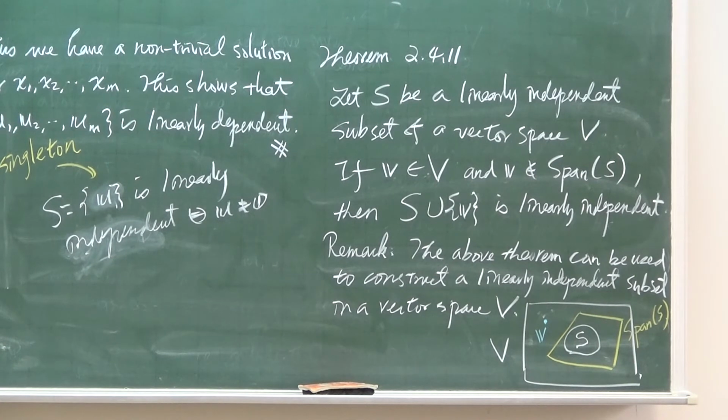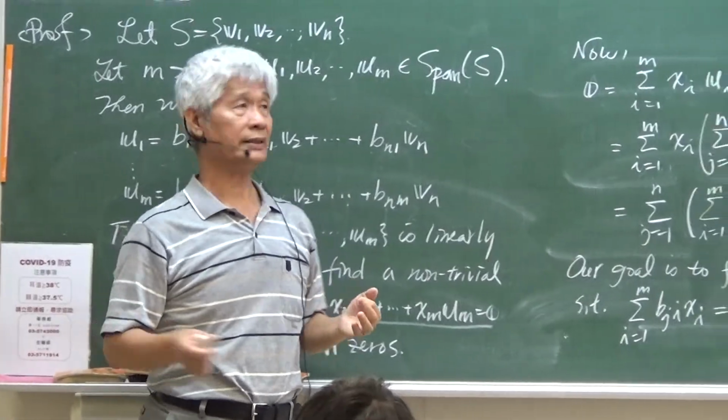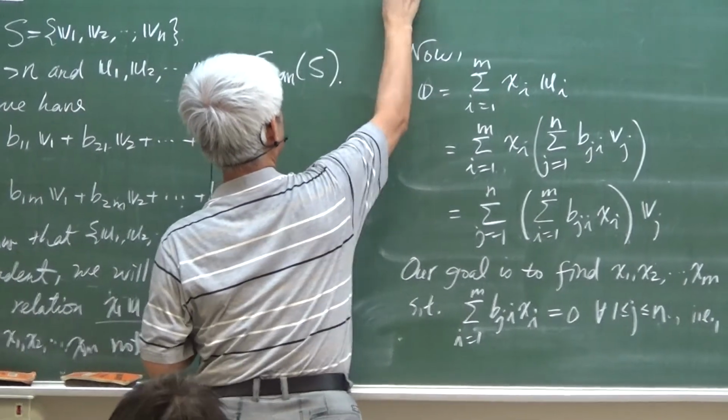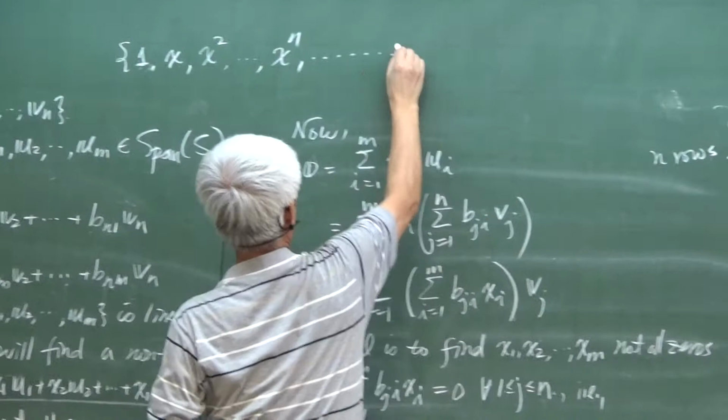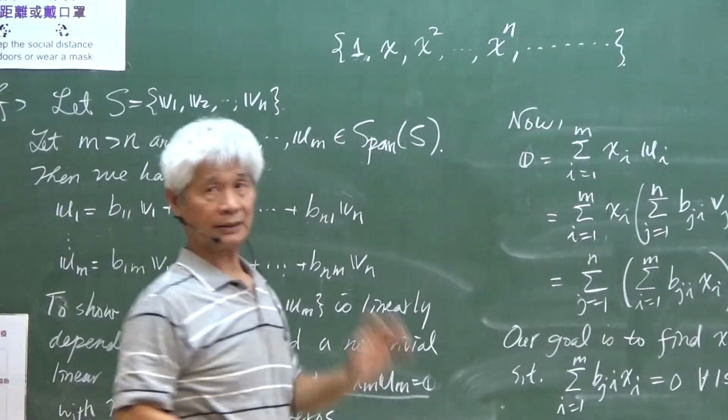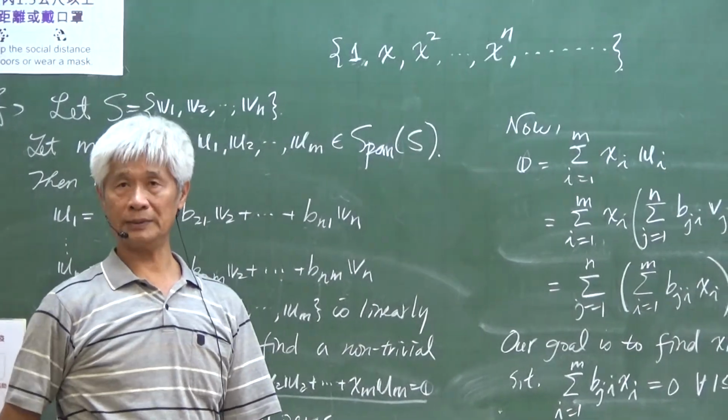The span of 1 and x is the polynomials of degree less than or equal to 1. So you pick up x squared, which is not in the span of 1 and x. So now 1, x and x squared is a linearly independent set. You continue gradually and indefinitely, and this set is a linearly independent set.